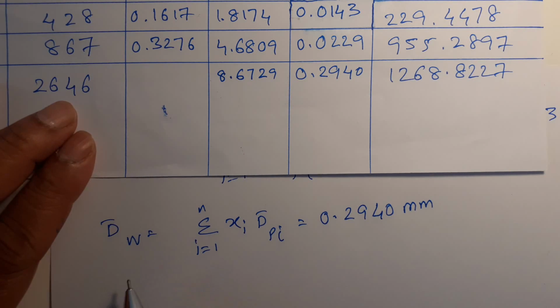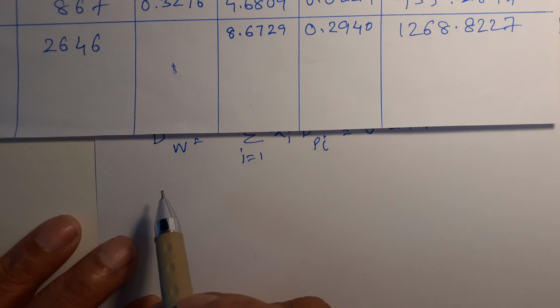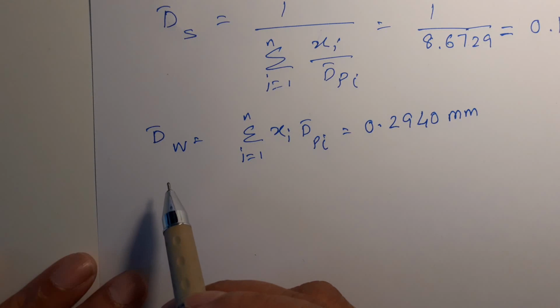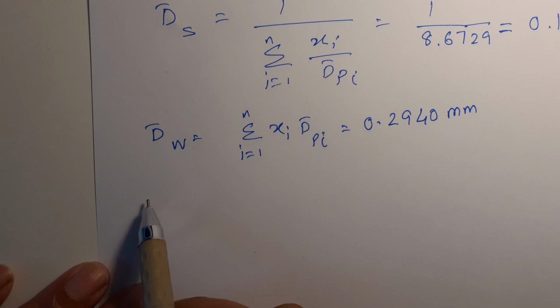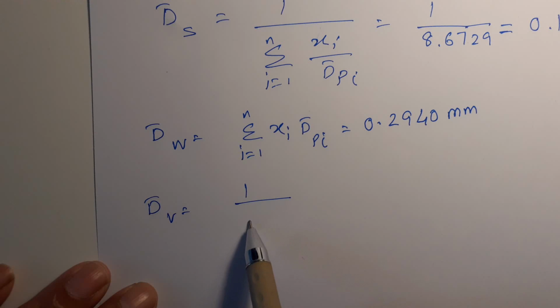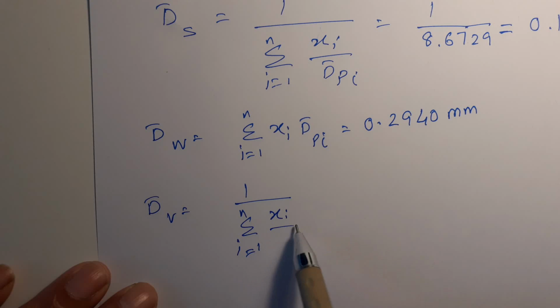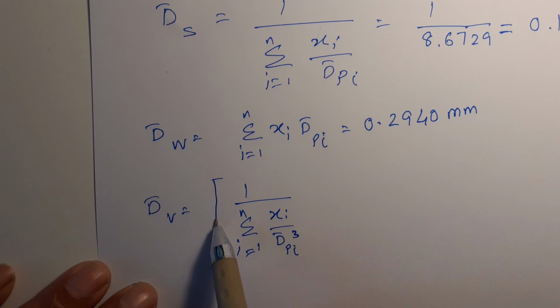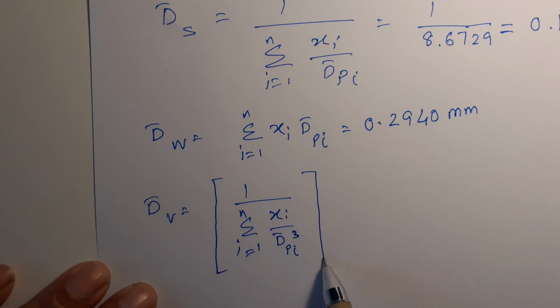Okay, now the last one is d bar v. D bar v is equal to 1 by the summation of i equals 1 to n of xi by d bar pi cubed, and everything should be raised to 1 by 3.